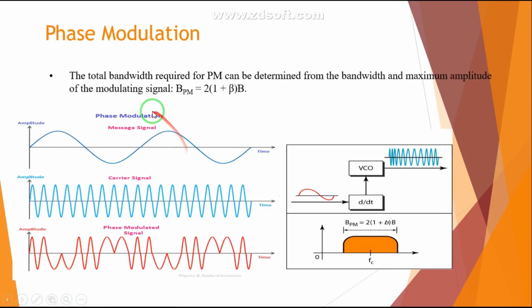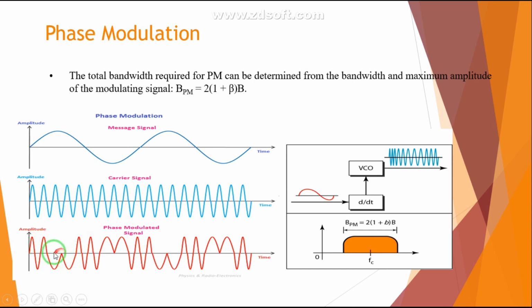Now, next is phase modulation. In phase modulation, the bandwidth is the same, twice (1 plus beta) times the bandwidth of your modulating signal. So you can see it over here. This is your modulating signal. This is your carrier signal. See how the modulated wave is going to occur.